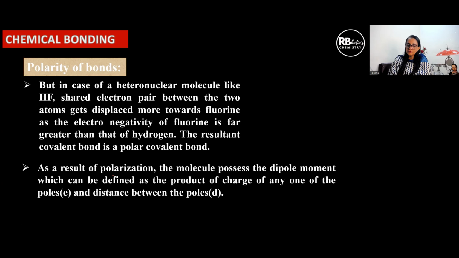Now, as a result of polarization, meaning charge separation, as we have talked of in the HCl molecule, the molecule possesses some dipole moment, which is defined as the product of charge on any one of the poles and the distance between the poles.